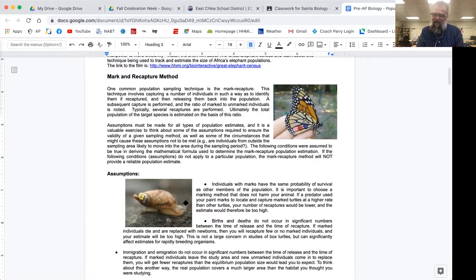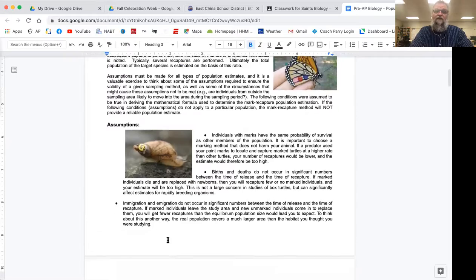It's pretty high. So small populations, you're going to have a high recapture rate. But if you put 20 marked butterflies into a population of 2,000 butterflies, the odds of you catching the marked butterflies again is very small. So large populations tend to have a much lower recapture rate. And that's sort of the premise that this method is based on.